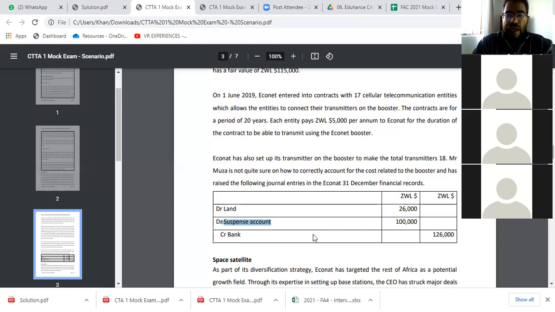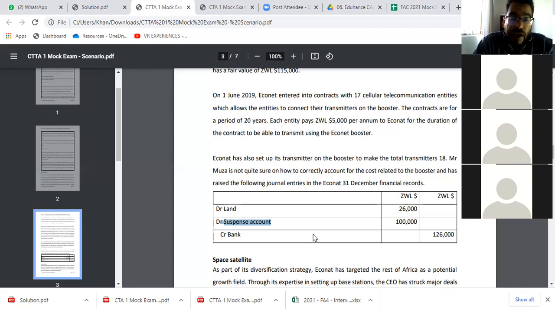Okay, so we will see now how you classified it. I'll look at the solution quickly. But in terms of IAS 40, a telecommunication tower, here called a booster, is going to be IAS 40.